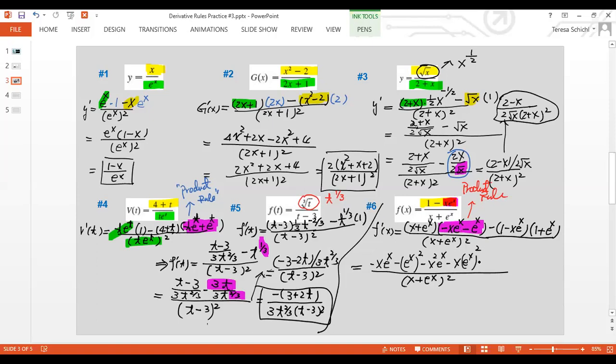Okay, minus 1 minus x, and plus x x, and plus x x square. Like I said, in the calculus, this is pure algebra, right? So I hope we did this one correctly.